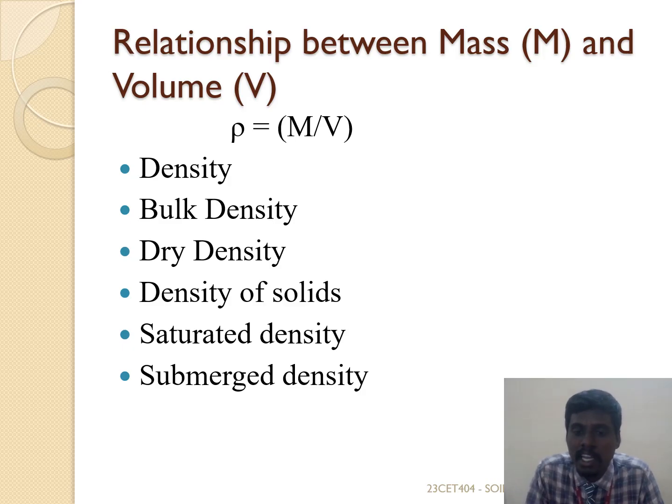So if the soil mass is entirely saturated, the total mass by total volume is represented as the saturated density. The next one is the submerged density. Normally submerged density is the mass of submerged solid particles to the total volume. So mass by volume is denoted as a density.